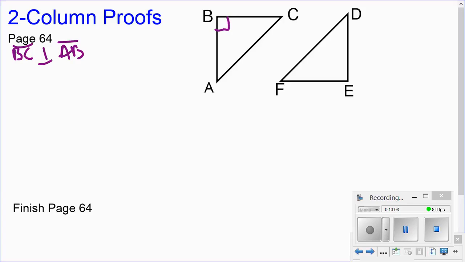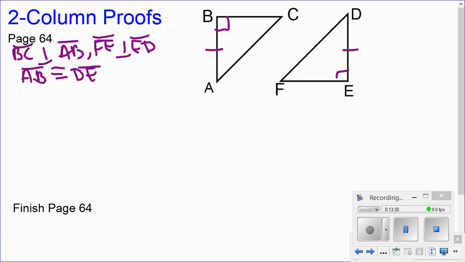We're also told that segment FE is perpendicular to segment ED. Okay. We're also told that segment AB is congruent to segment DE. AB, DE. And lastly, we're told that segment AC is congruent to segment DF.